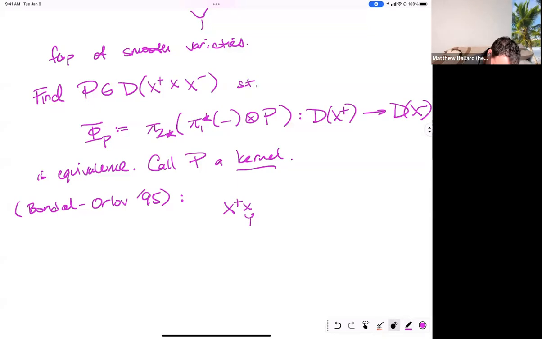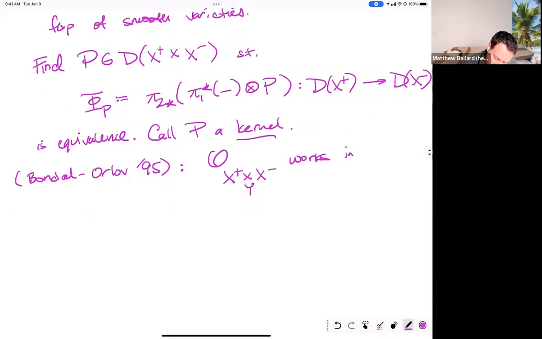Its structure sheaf is pretty much what you're going to run into if you think about not needing to specify anything else and trying to pull out some object that will behave well enough to give you an equivalence between the two categories. And sure enough, this works in the example sometimes called a standard flop or an Atiyah flop.